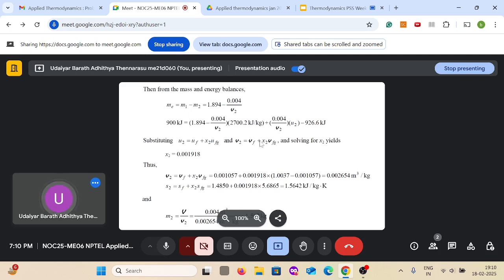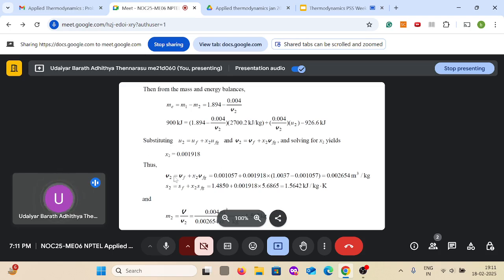So substituting u2 in terms of saturated liquid and saturated vapor, and similarly my specific volume at 2 in terms of dryness fraction and specific volume of saturated vapor and liquid, the expression will convert to a single variable, the dryness fraction. So the only unknown will be the dryness fraction. Solving for that, we will get x as 0.001918. So that is the dryness fraction.